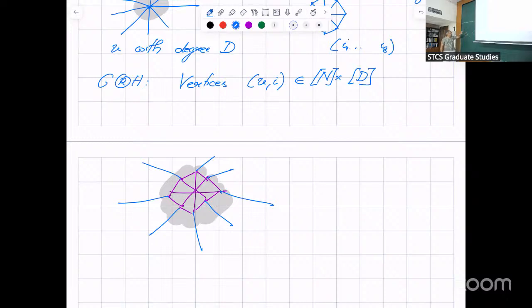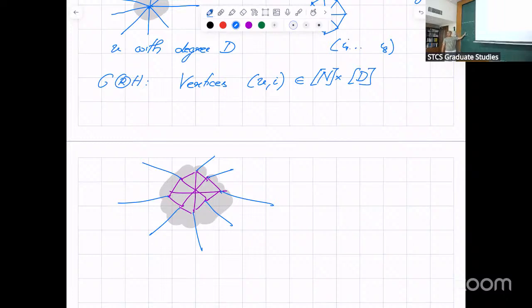Every vertex, that's why in G replacement H, the vertices are going to be U comma I, the original vertex set of G and the vertex set of H. This particular copy is going to have the entire copy of H sitting here. So in particular, U comma I will be connected to U comma J if I is connected to J. If IJ was an edge here, the corresponding U comma I will be connected, because there's a complete copy of H sitting here.